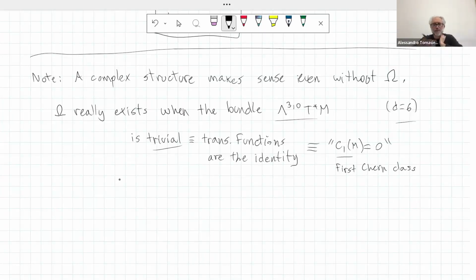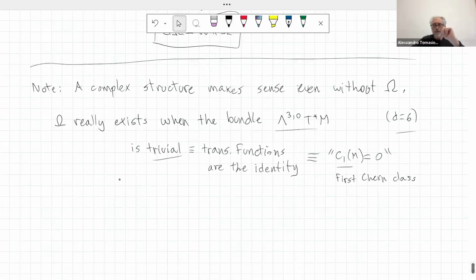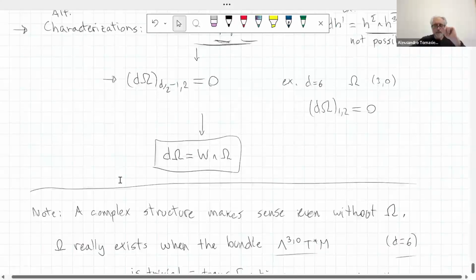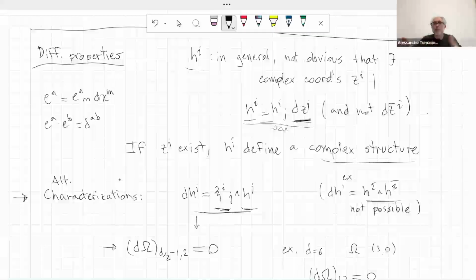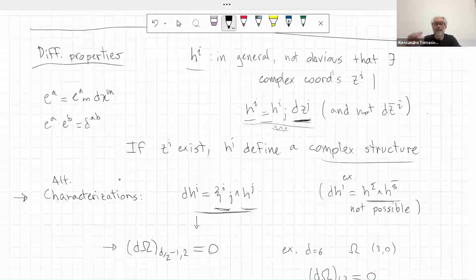There is a generalization of this language that also works when C1 is non-zero, but we can just bear in mind that that generalization exists. But when I talk about complex structures on a space without this property, you can think of it as having to do with the holomorphic vielbein itself, without necessarily having a 3,0 form.